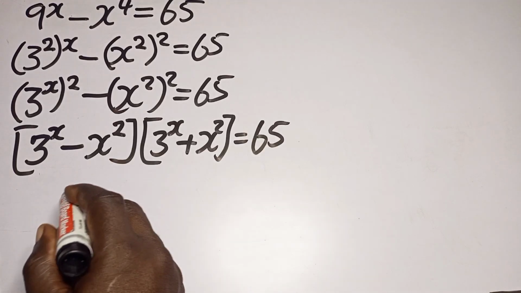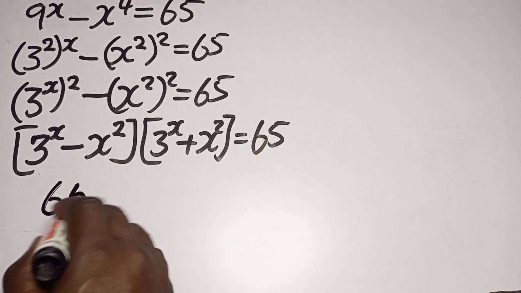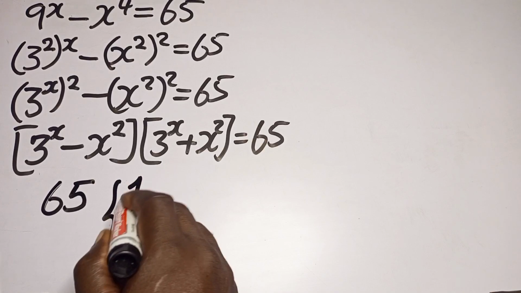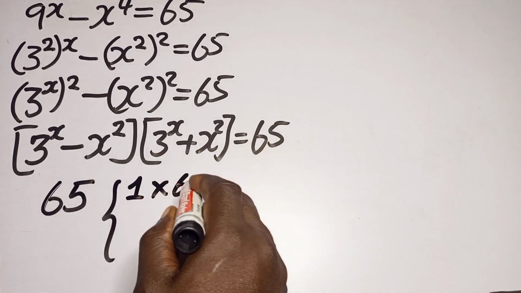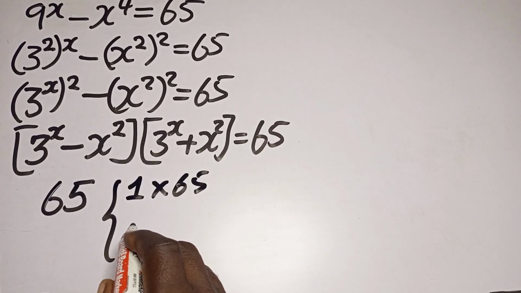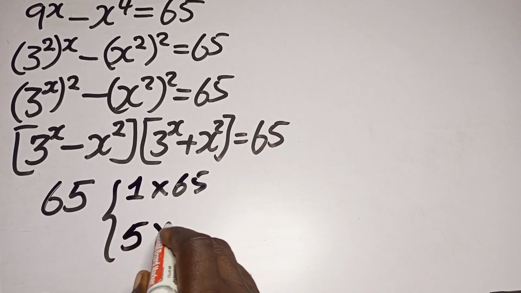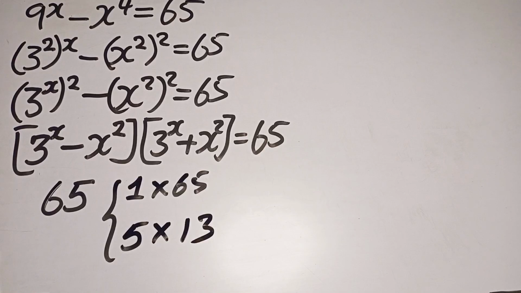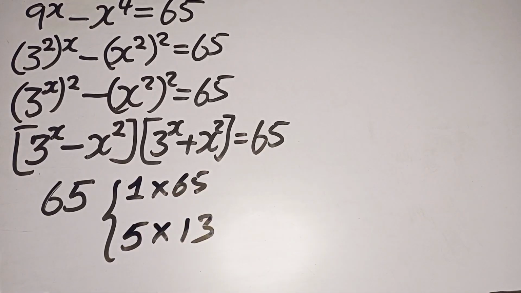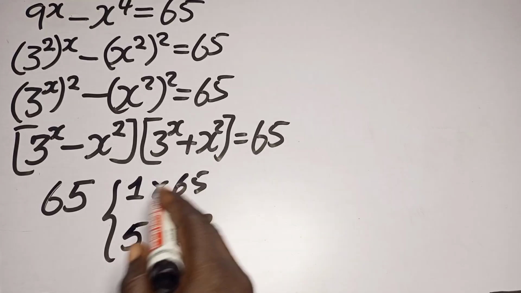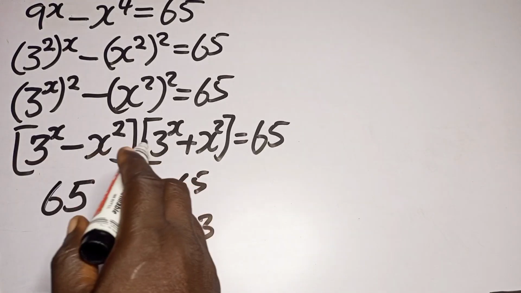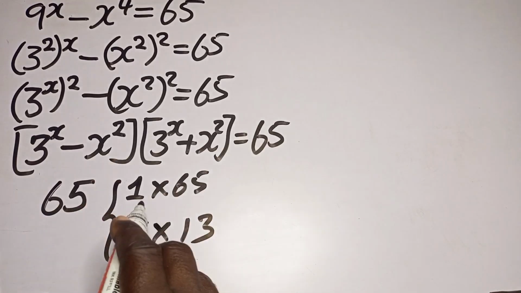If we decompose 65, it can be decomposed into 1 times 65. 65 can also be decomposed into 5 times 13. Look at these two choices. Which of these two will really match what we have here? So we have to be careful with the choice we're going to make.